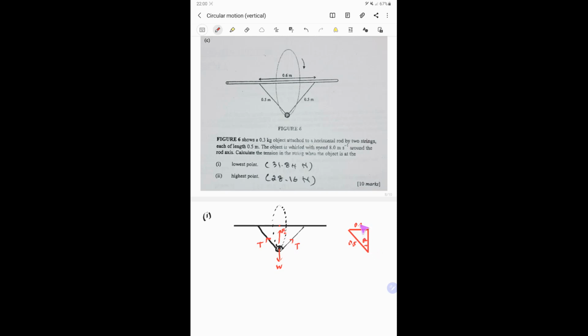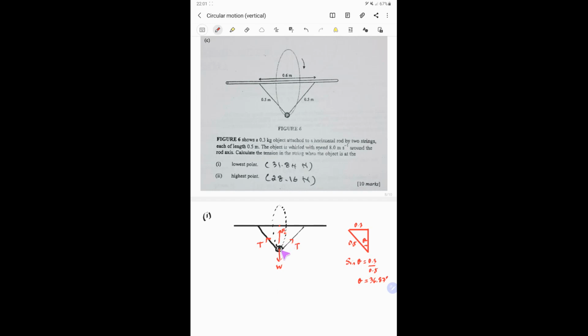This is opposite and this is hypotenuse, so using sine, isn't it? Sine theta equals 0.3 over 0.5, so theta equals arc sine of 0.3 over 0.5. Theta equals 36.87 degrees. Okay, that one is theta.